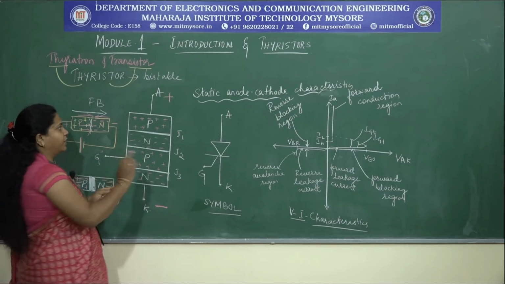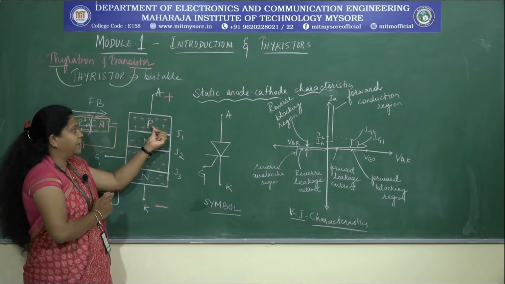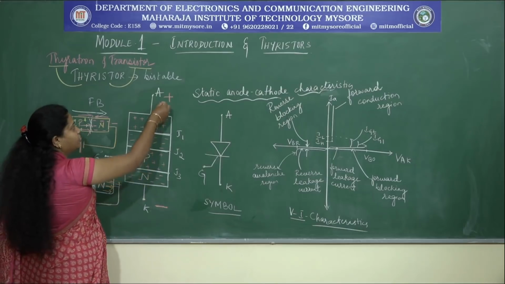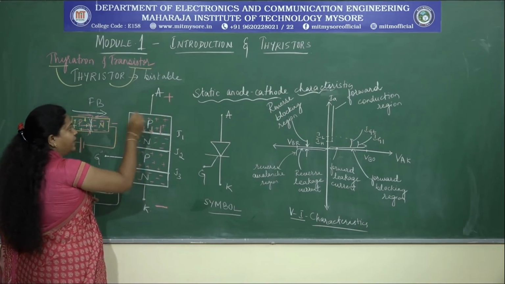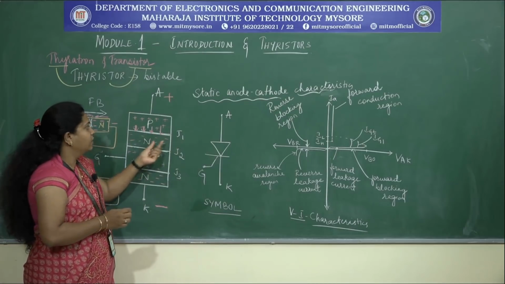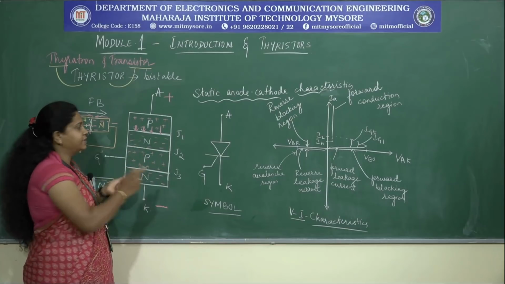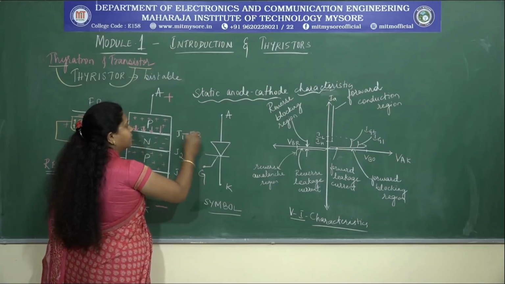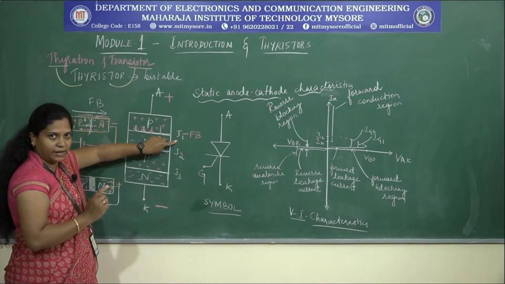Like charges repel each other, so the holes move towards this point, breaking junction J1, and pair up with the free electrons available in the N region. So, when you apply the positive potential, J1 is forward biased.